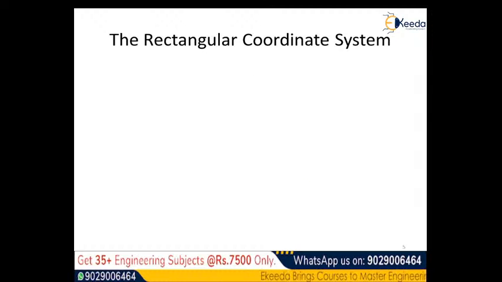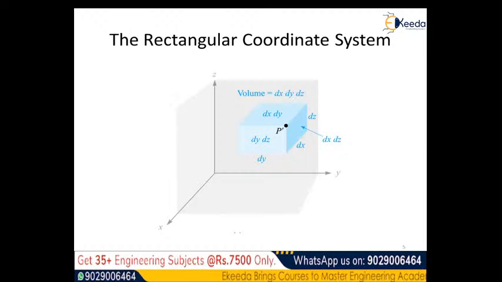Next, in the rectangular coordinate system, while considering variation in the spatial dimensions, as we have three dimensions here, the variation in the x dimension we represent by dx, variation in the y dimension we represent by dy, and correspondingly in z we represent by dz here.